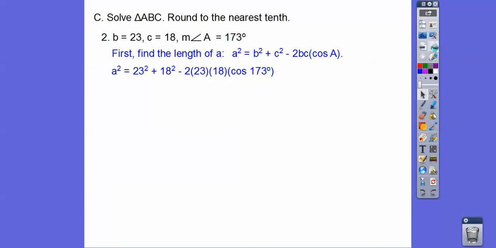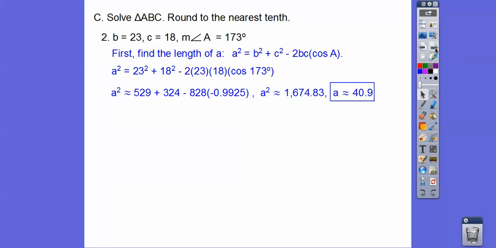Okay, so let's go ahead and plug that in, and if we do that correctly, we get a squared is about 1674.83, so square root that, and we get about 40.9. Now we know an angle and a side opposite, so we can use our sine ratio. We could have done the sine of C over this, but I just chose the sine of B over this right here.